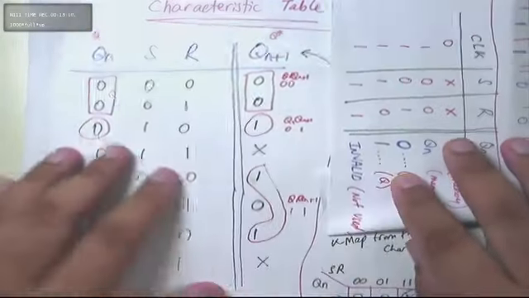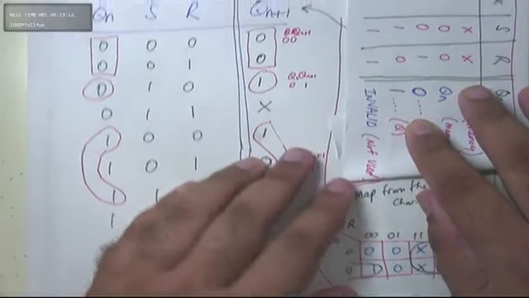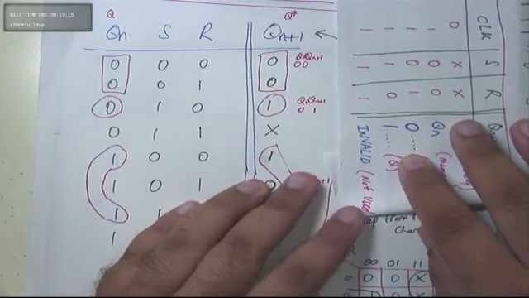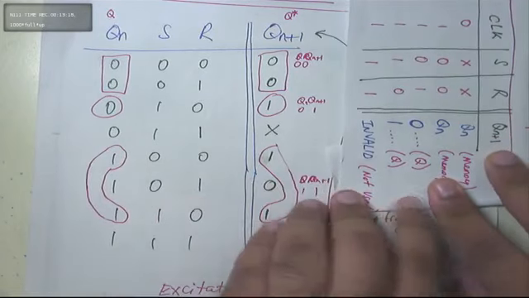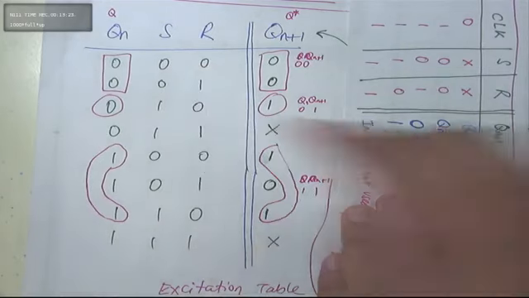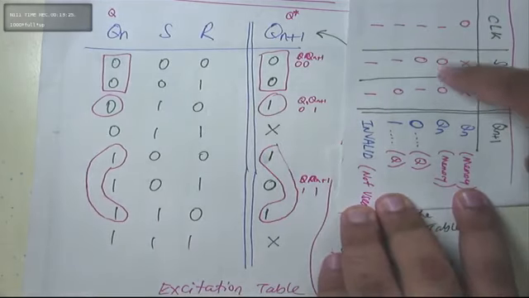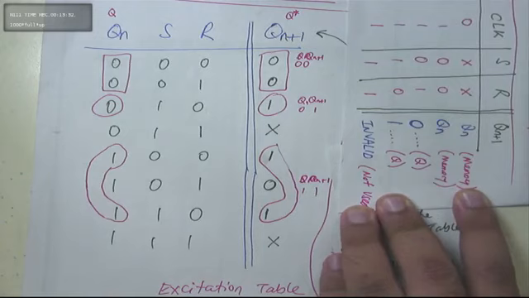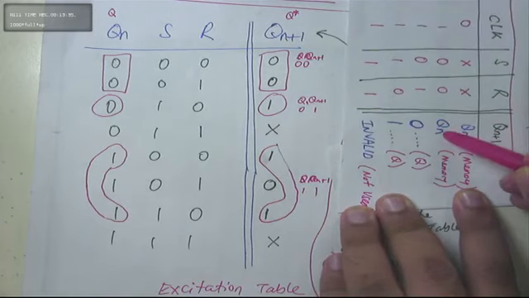Okay, let's have a look at this way. I hope you can read sideways. All right. 0, 0. Let's look for 0, 0 here. 0, 0 gives us what? Qn plus 1 is equal to Qn.